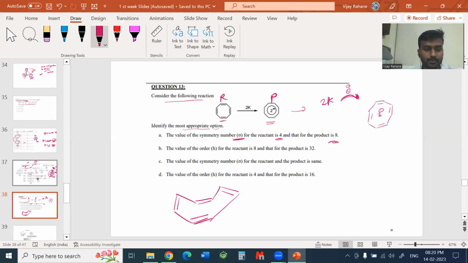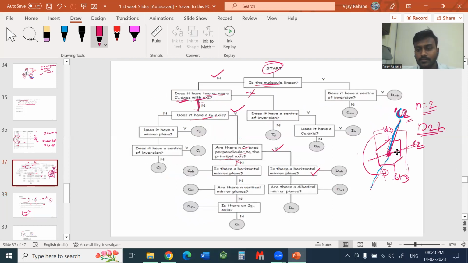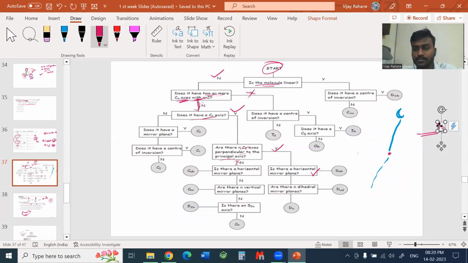So we'll take the help of this flow chart. I will delete all the previous.